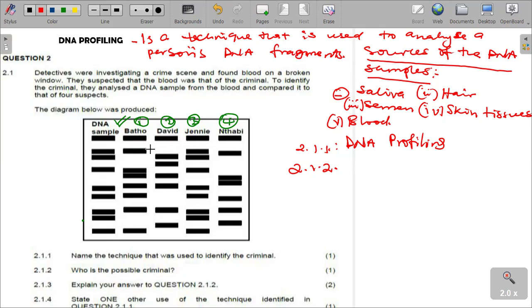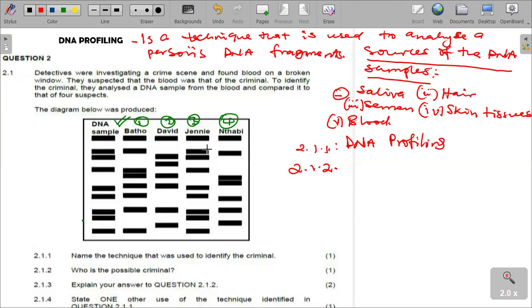When the DNA sample on the crime scene is compared to these ones, who is a possible criminal? The one that looks alike, that resembles, or is more likely to match the sample found on the crime scene is the possible criminal.